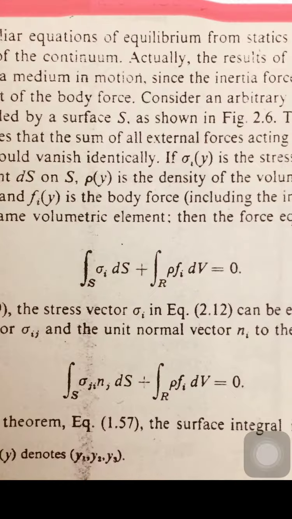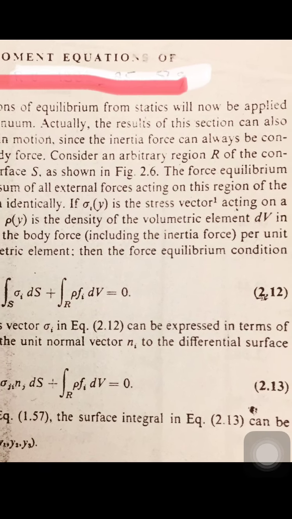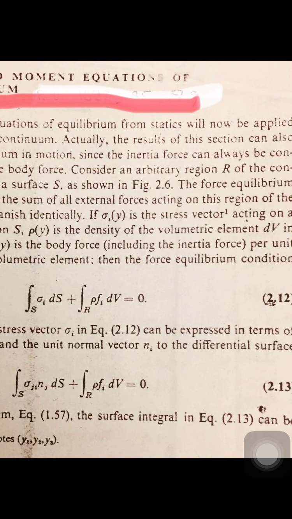So in equation 2.12, the first part is the surface force, integral over S of sigma_i dS, and the second part is the integral over R of rho F_i dV, and the sum of all forces becomes zero, known as the equilibrium condition.